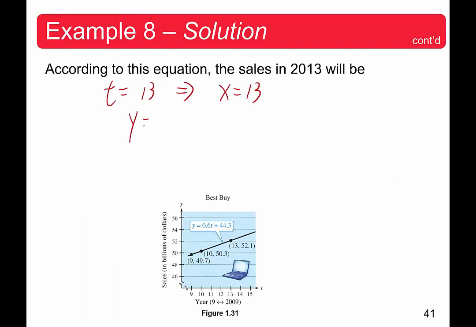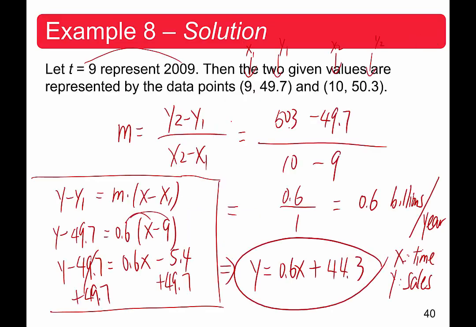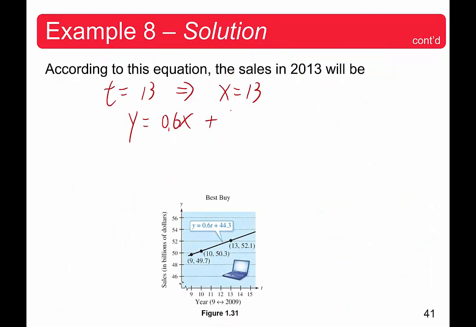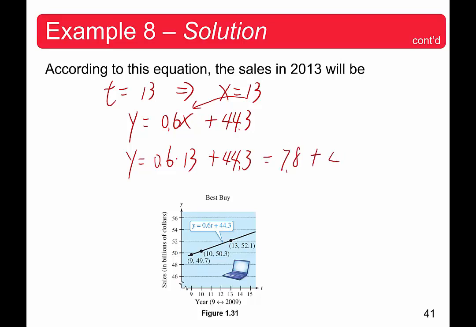So we have y equals 0.6x plus 44.3. Replace x with 13. So y equals 0.6 times 13, adding 44.3. 0.6 times 13 is 7.8. Adding 44.3, this turned out to be 52.1 billion.